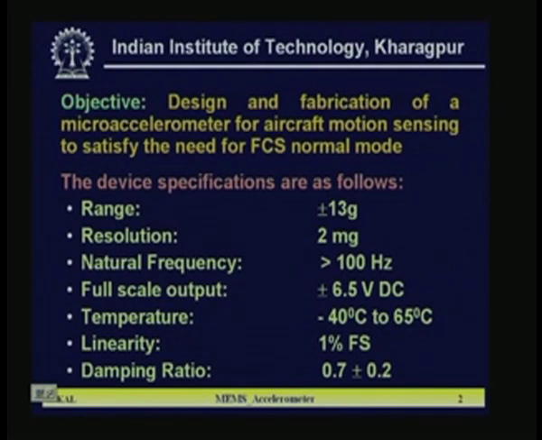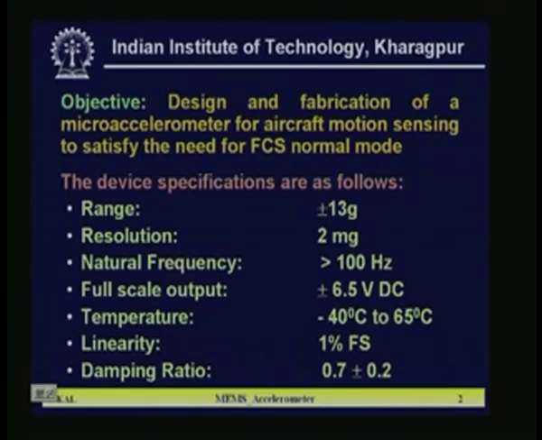Obviously, if you go for a MEMS accelerometer and the whole control system is made with modern electronics, the 6.5 volt full scale output is not required, because nowadays most of the ASICs, either CMOS or bipolar, are low voltage low power ICs, and with CMOS people are working with a 1.2 volt power supply.